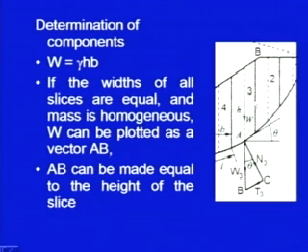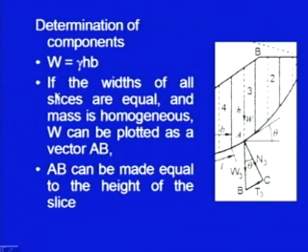So, h into b gives you the area. We are considering this arc as an approximately straight line. So, h into b, and normal to the plane of paper we are taking 1 unit dimension. So, the volume of this slice will be h into b into 1, and gamma is the unit weight of soil.